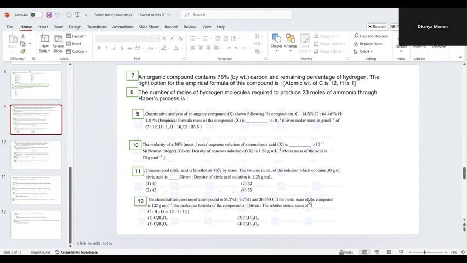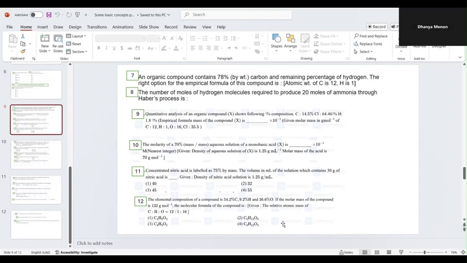Yes, it comes to 100. And in the choices also, they have not given any other element. So that's another way of confirming. They have also given another information. The molar mass is 132 grams per mole. It's mentioned in the question, and the atomic masses they have given.